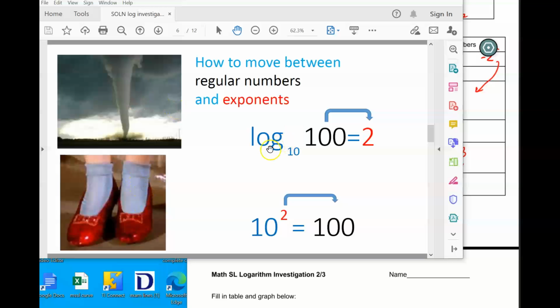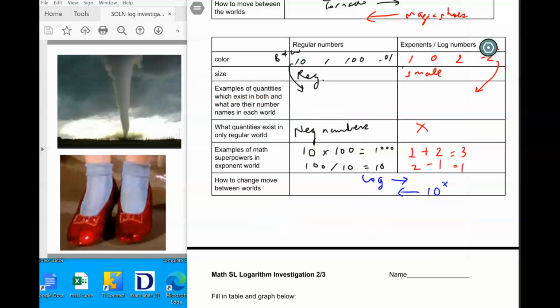Here we're using the log notation to move from the black and white number to the red number. Here we use the exponent to move from the red number back to the black and white number. Okay? And just an easy way to remember how this is arranged, I'm just going to show you something a student taught me a few years ago, which I thought was really clever.